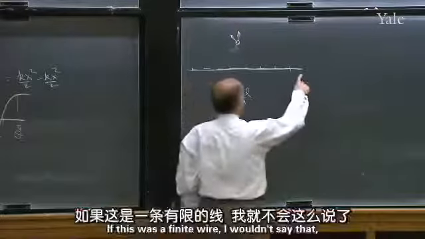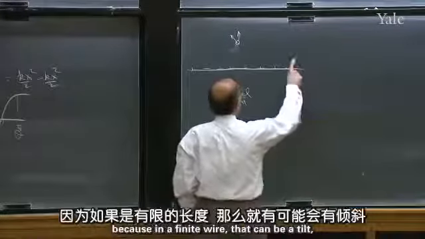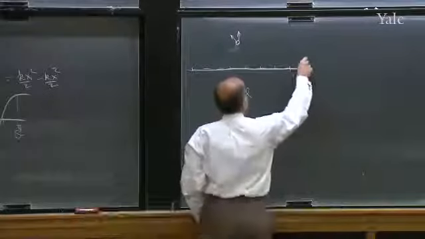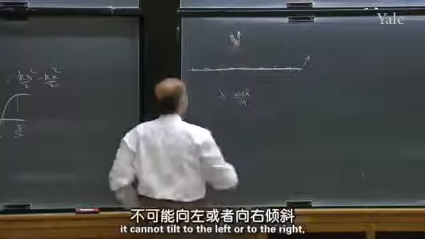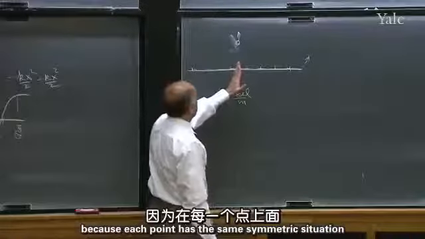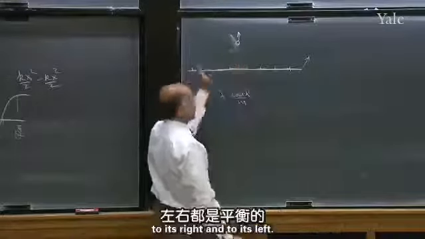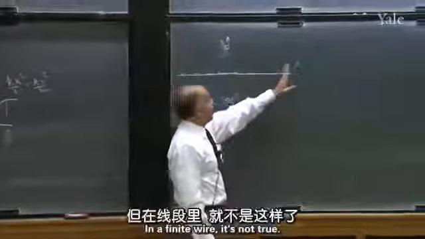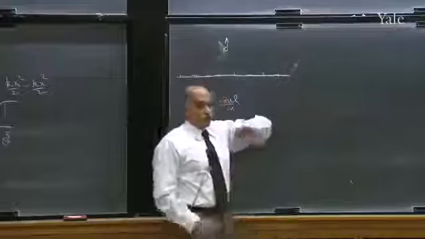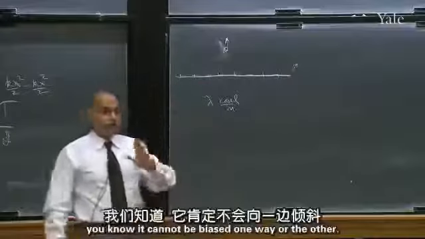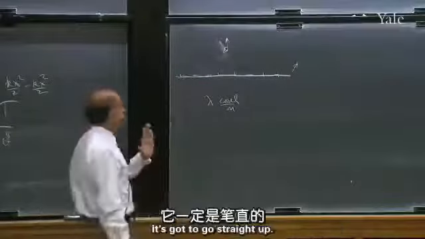If this was a finite wire, I wouldn't say that, because in a finite wire, there can be a tilt somewhere here. But for an infinite wire, it cannot tilt to the left or to the right, because each point has the same symmetric situation to its right and to its left. In a finite wire, it's not true. Life to the left is different from life to the right. But for an infinite wire, it cannot be biased one way or the other. It's got to go straight up.